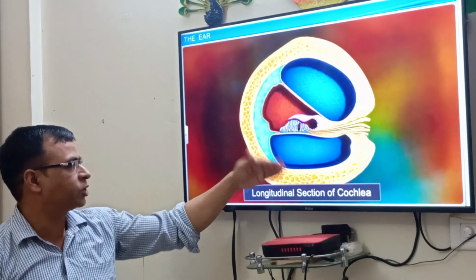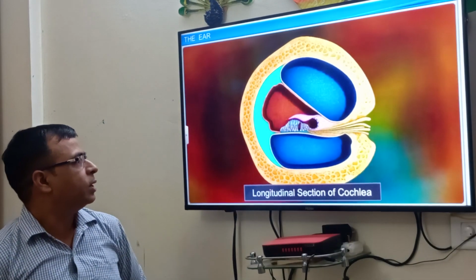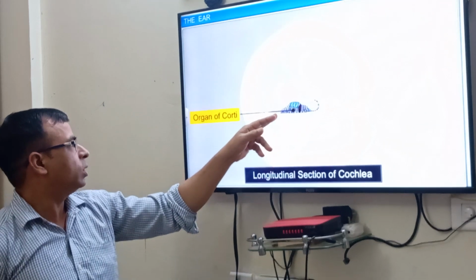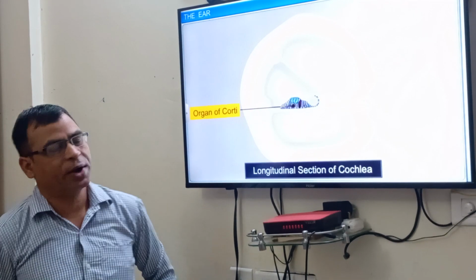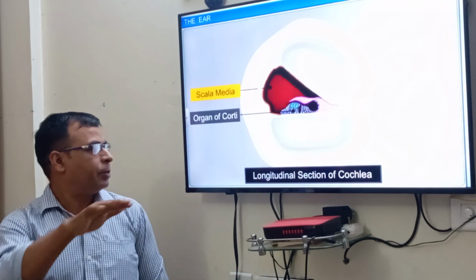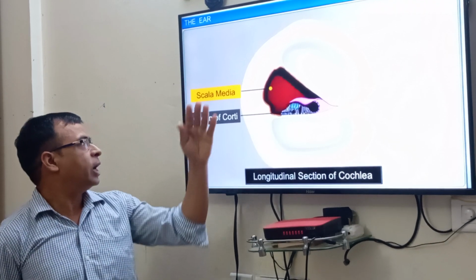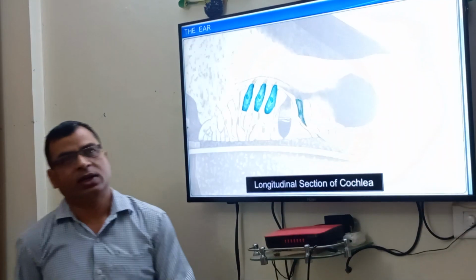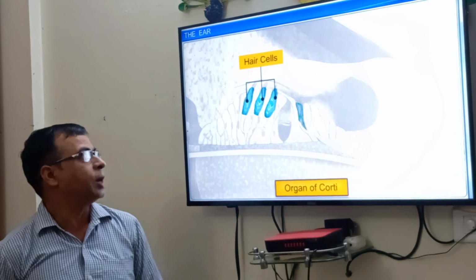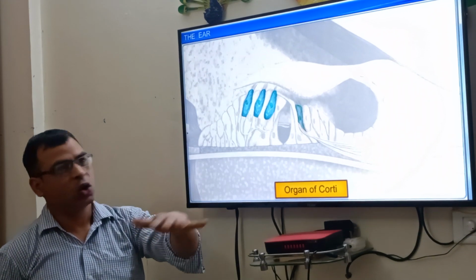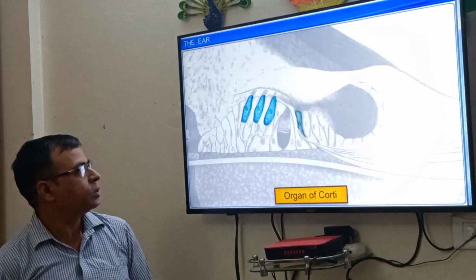This is the longitudinal section of the cochlea, and this diagram is the same. One structure is called the organ of Corti, on the basilar membrane in the scala media. It has hair cells that act like auditory receptors, arranged in different rows.